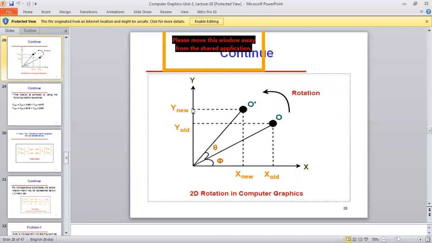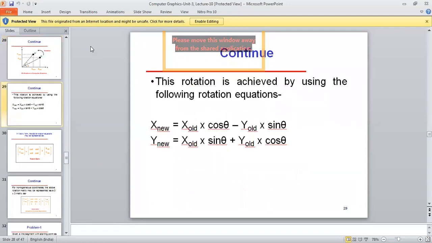So the new points will lie here, x new and y new. Now how will we calculate? This rotation is achieved by using the following rotation equations, so here we will use these equations to calculate the x new and y new points.